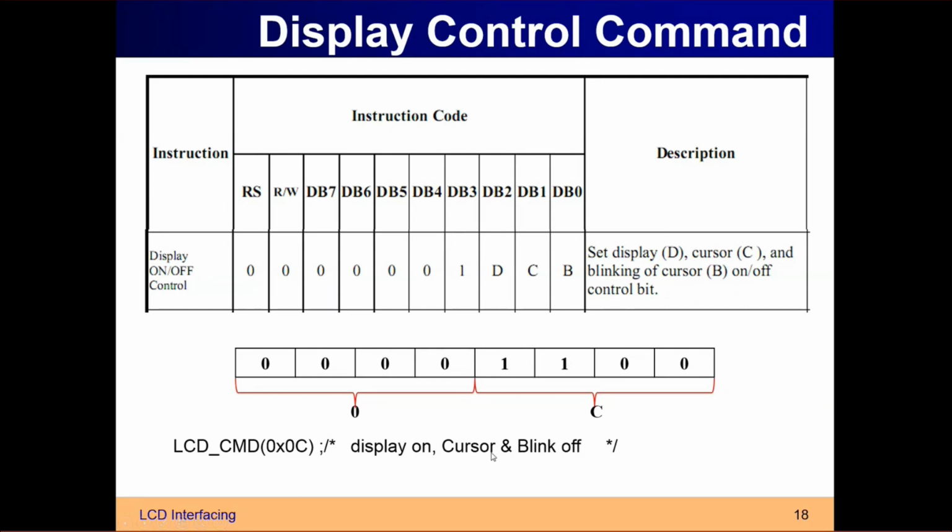Cursor should be off, because I don't need to show the cursor, only the character. So it will be 0. Blinking of the cursor should also be off, so it is also 0. So it is 0, 0, 0, 0, 1, 1, 0, 0. That is 0x0C, the command for display on, cursor off, blink off.